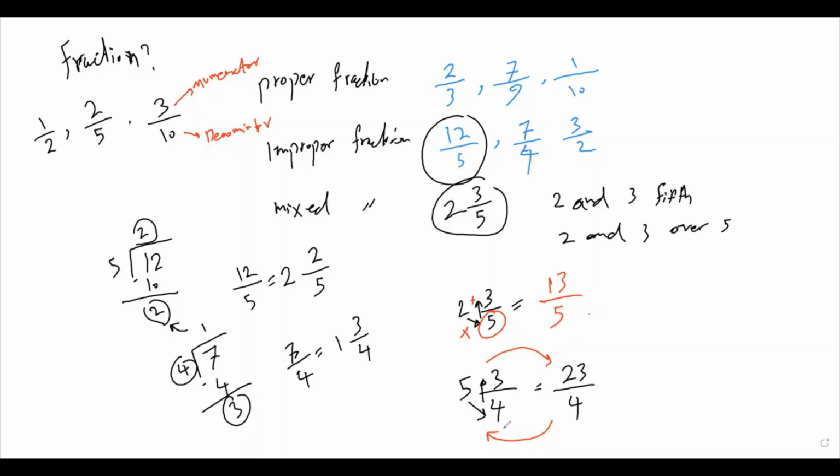Let's talk about decimals, because fractions and decimals come together, and you should know how to convert a fraction to decimal and vice versa. So a decimal looks something like this.